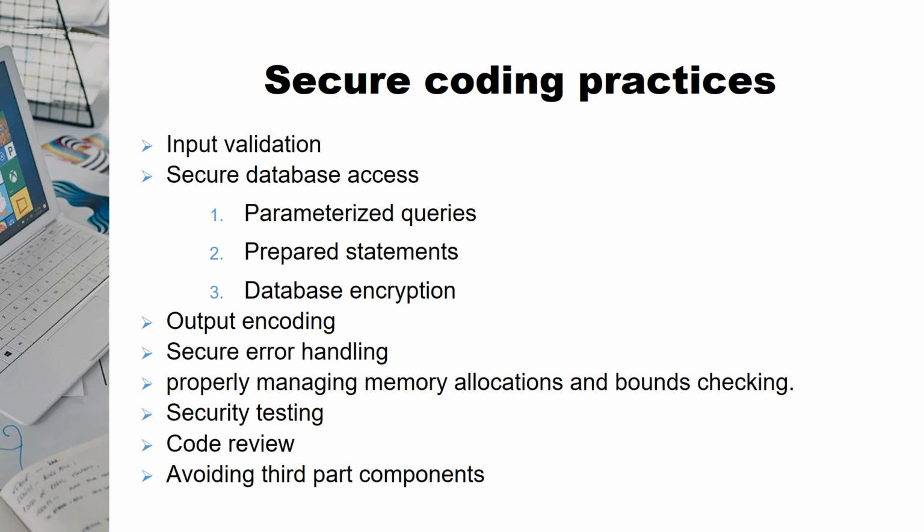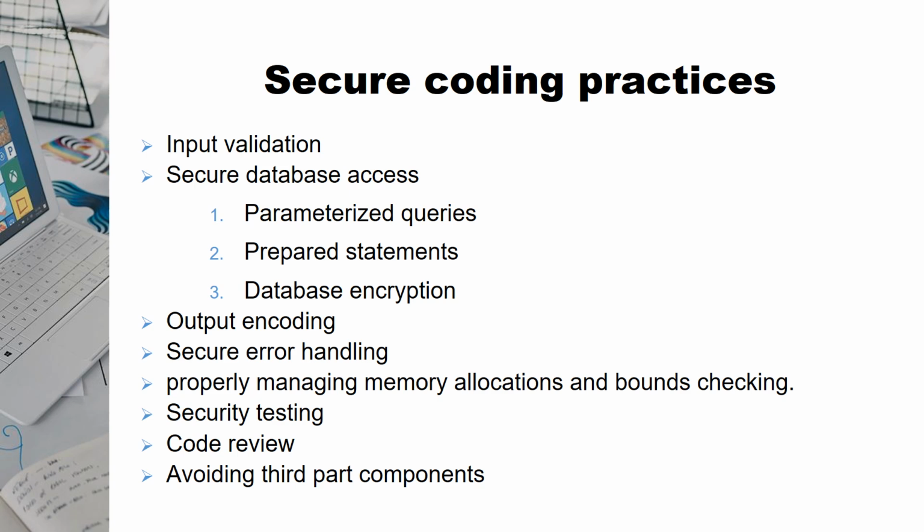Then there is memory management. This is properly managing memory allocations and bounds checking. In languages like C or C++, always check the size of data before copying it into memory to avoid buffer overflows.